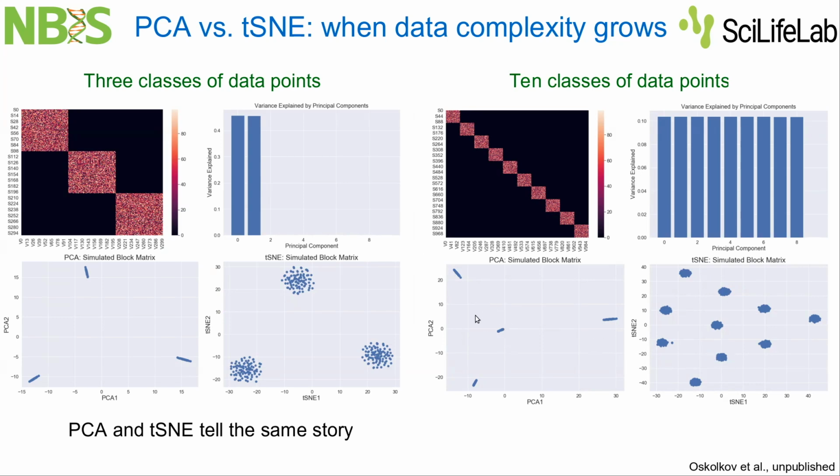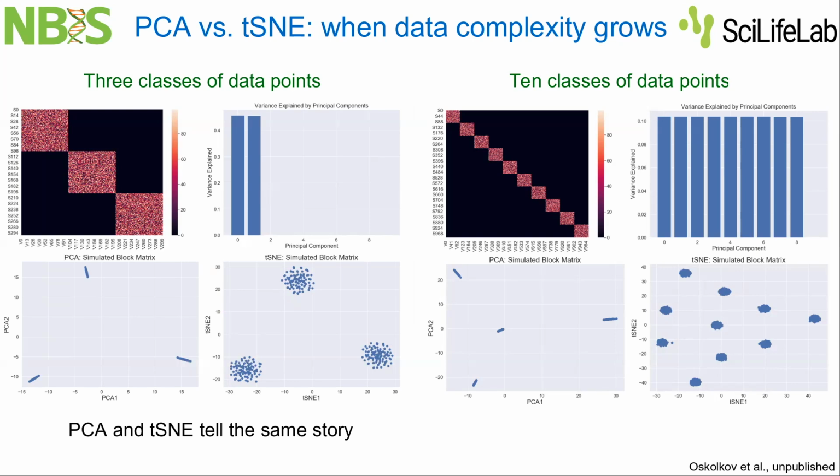On the PCA plot, we can see basically 4 clouds. Indeed, it turns out that the two principal components of PCA are not good enough for visualizing your data when the data is complex enough, when the data complexity, such as the number of populations in the data set, grows.